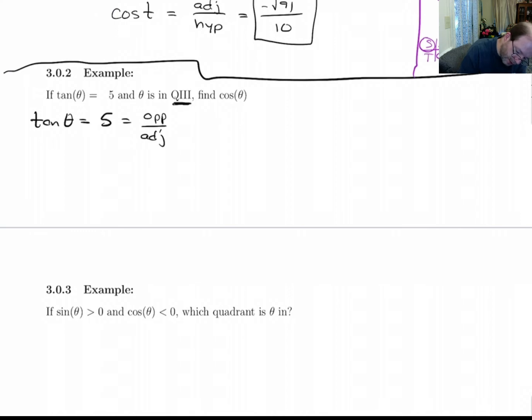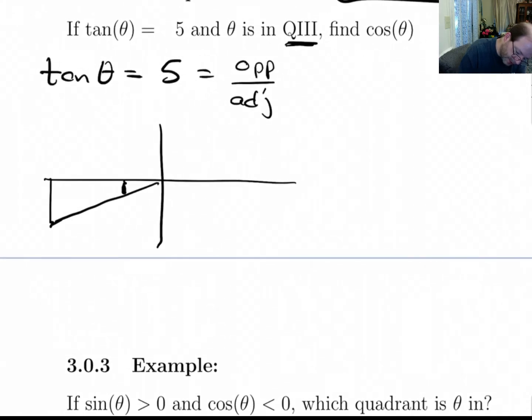And we're in quadrant 3. So quadrant 3, we're going to be down here. So this is my reference angle. The opposite side is going to be 5. The adjacent side is going to be 1.